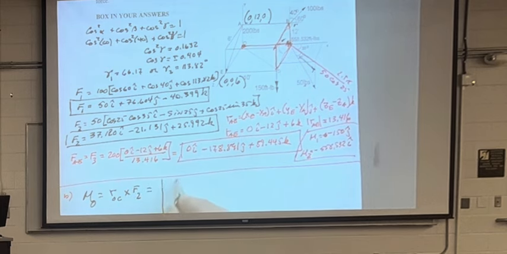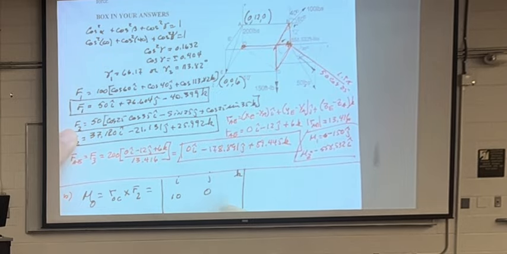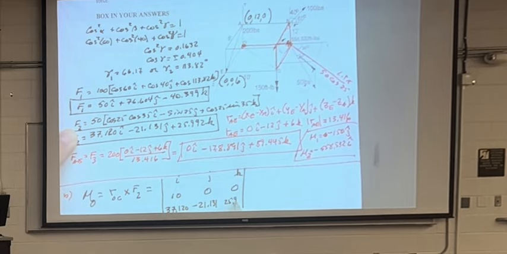That's nothing more than the determinant IJK, of ROC: 10I, 0, 0, and this is 37.120, minus 21.131, 25.992.